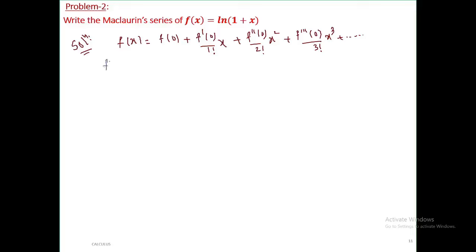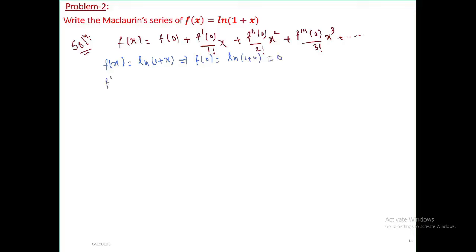So f(x) is ln(1+x), right? Now what is f at 0? f(0) is ln(1+0), x is 0. That means it is ln 1, which is 0.